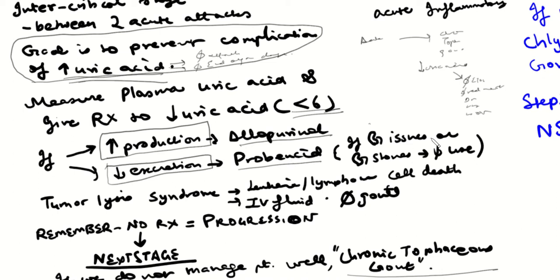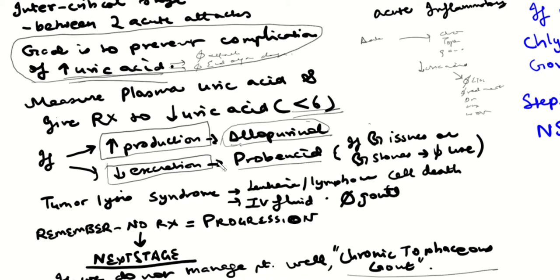If they have kidney issues or kidney stones, probenecid acts on the kidneys. So in that case, you prefer more use of allopurinol. Okay, so that's sort of how we treat gout and gouty arthritis chronically.